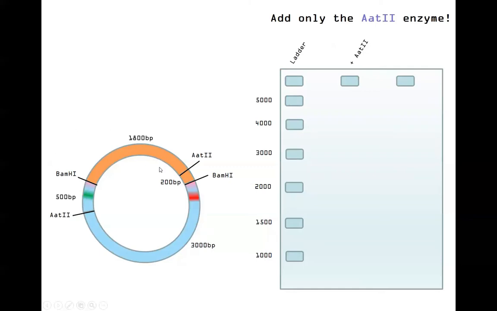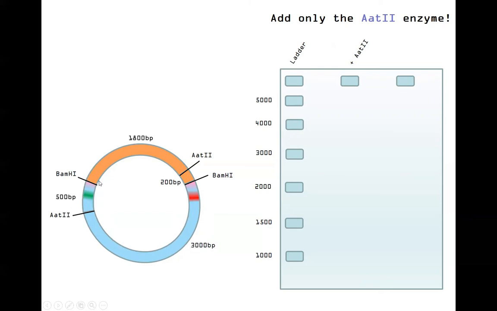this out. So you can see, I told you guys that this vector was going to be 3,500 base pairs, from BAMH1 site to BAMH1 site where we cut it open, 3,500 base pairs.